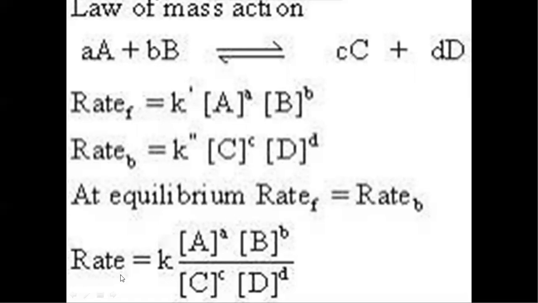Finally, from this equilibrium reaction, we can write the equilibrium constant K as A concentration into B concentration upon C concentration and D concentration. In this way, we can write the rate of reaction by using the law of mass action. So this is about the law of mass action, and this concept is essential to understand enzyme kinetics.